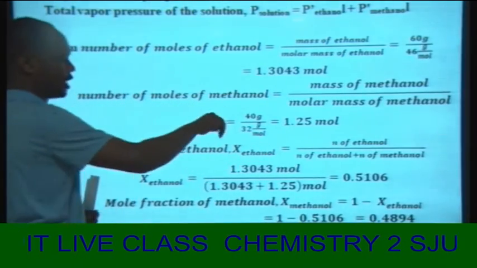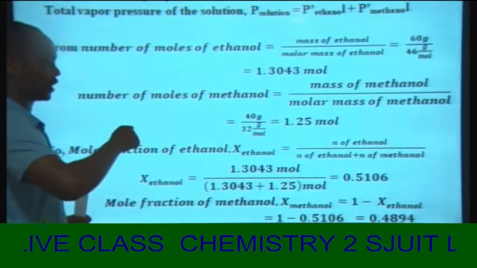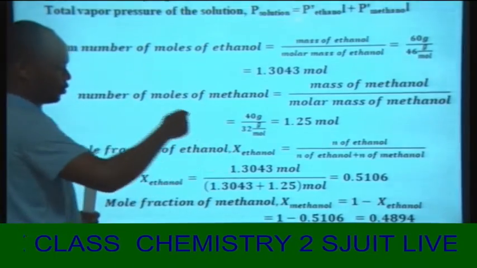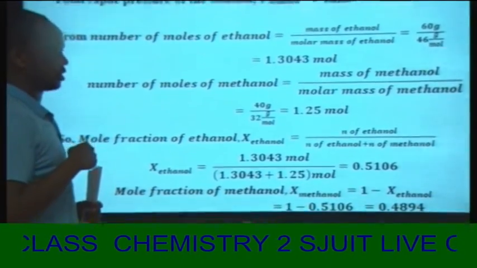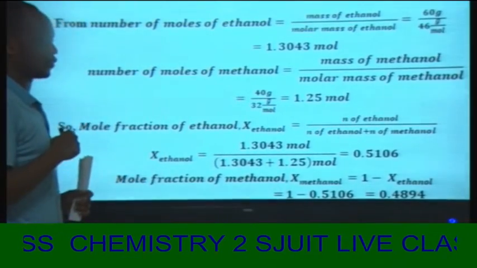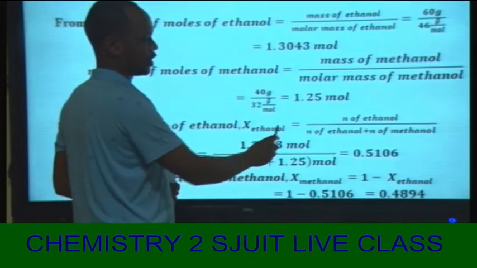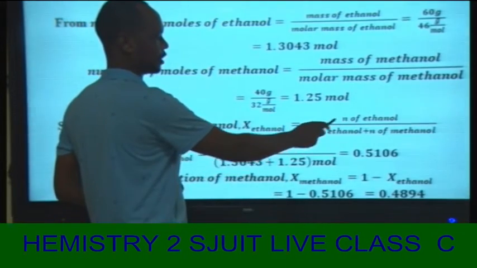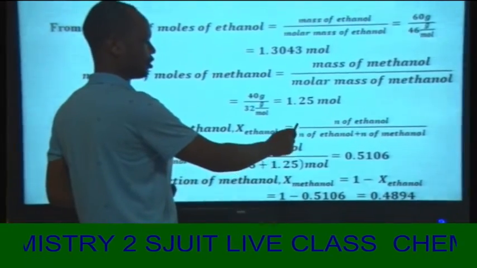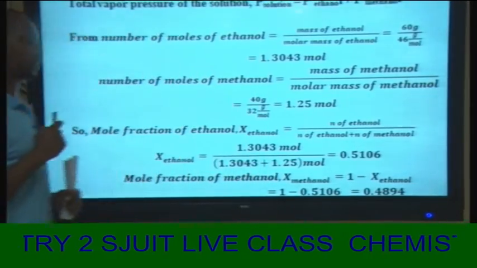From this obtained number of moles, you are supposed to find the mole fraction of each individual component, either ethanol or methanol. Mole fraction of ethanol is calculated from this expression: mole fraction of ethanol is equal to the number of moles of ethanol divided by the total number of moles, number of moles of ethanol plus number of moles of methanol.